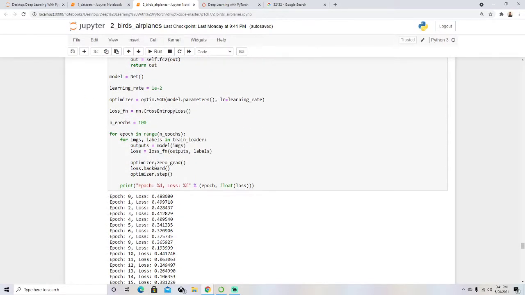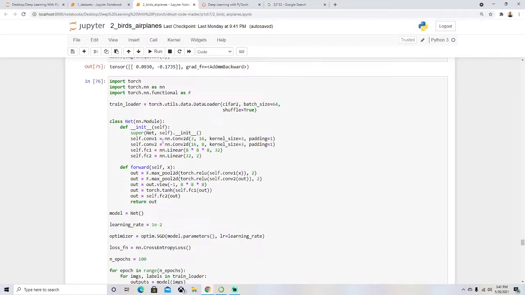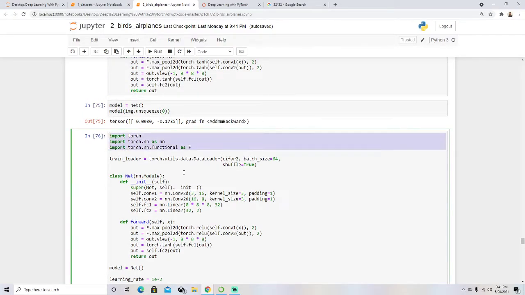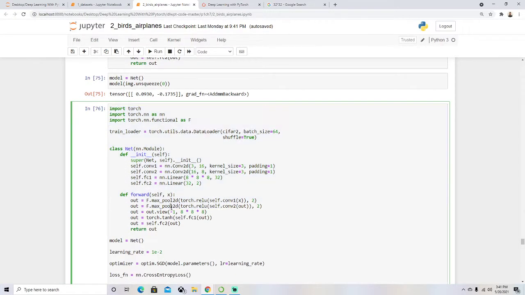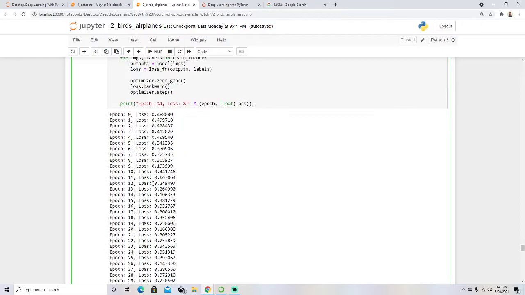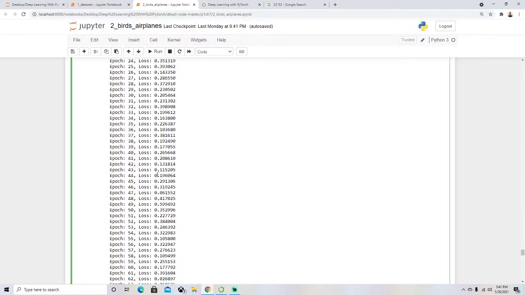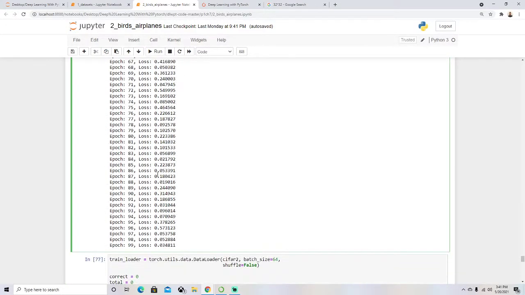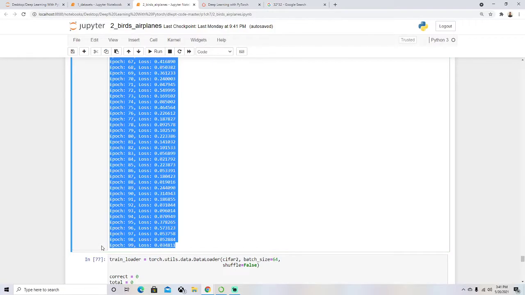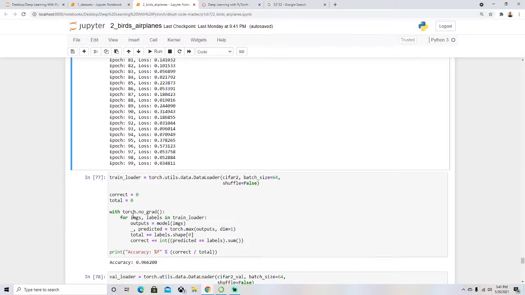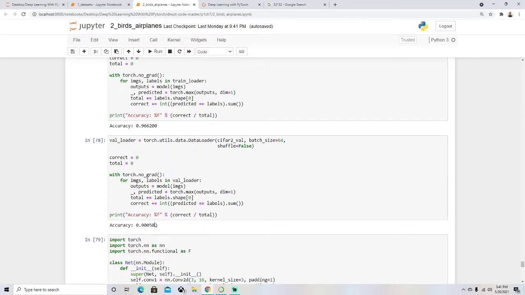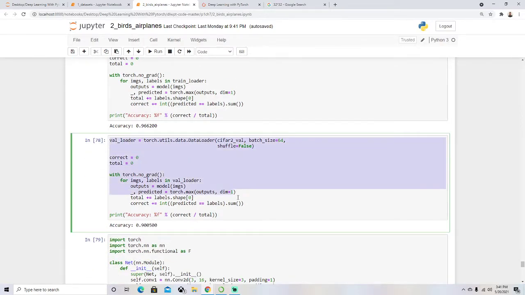Okay, so this is a convolutional neural network here, and we're going to go ahead and train that and see if the loss does get better. So the loss is similar, but let's see. Accuracy 96, and the validation accuracy is 90%. So that's the power of a convolutional neural network.